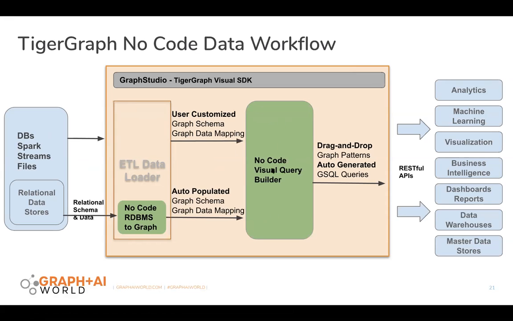Visual Query Builder is still applicable to all of the other data import paths. That's why this green path is the no-code path. And if you go through the other path, the regular ETL data loader, you can still use Visual Query Builder as well.